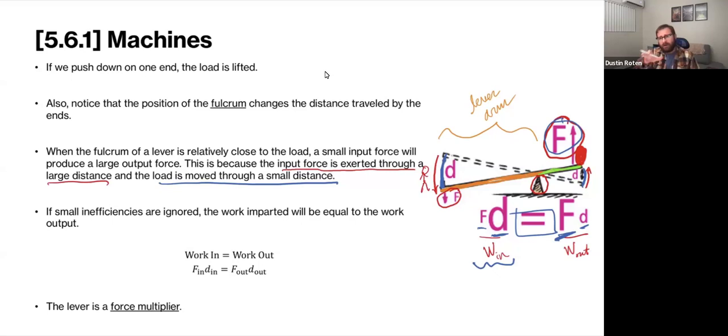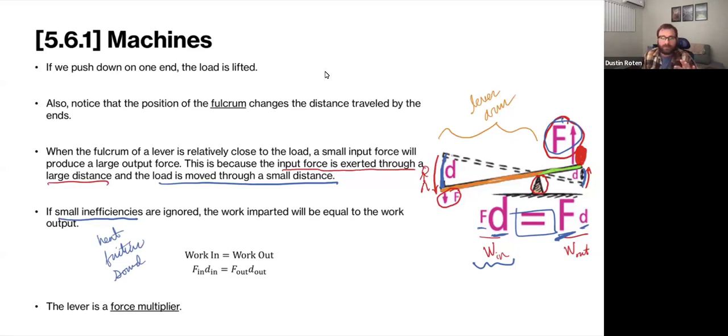So this relationship only works if we ignore small inefficiencies, right? So this will be like heat, friction, which is kind of the same thing as heat. Friction is going to cause heat. Something else we need to ignore is maybe sound. Believe it or not, sound is also something that will cause this issue.